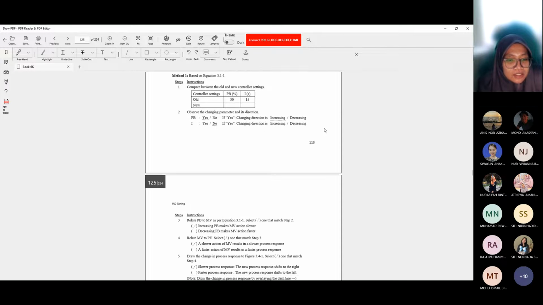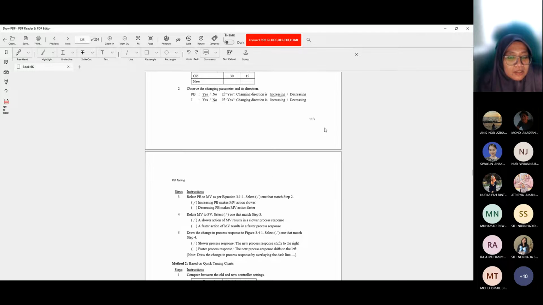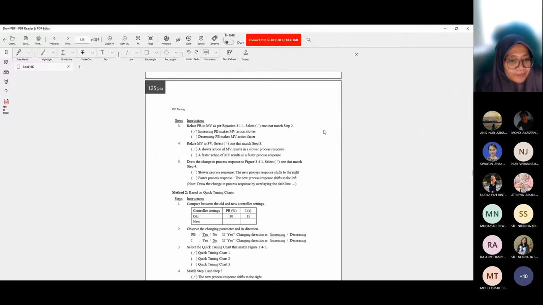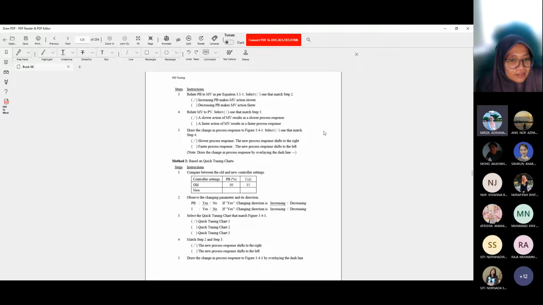So from that we can see that the higher value of PB, it will slow down the process variable, which is PV. Bila PB higher, PV akan semakin slow. Kalau kita tengok kepada equation method, we get the slower process response, and from that we know that the process will shift to the right.